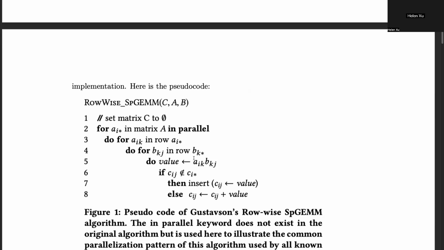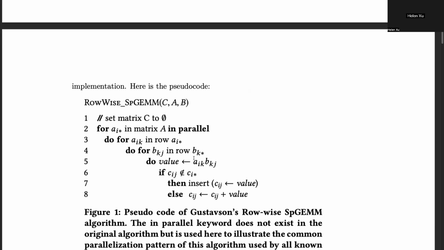Let's just say we have 3 processors, and this is how we're going to cut A, B, and C. It's just a picture.